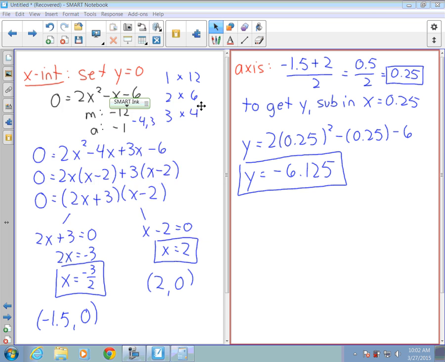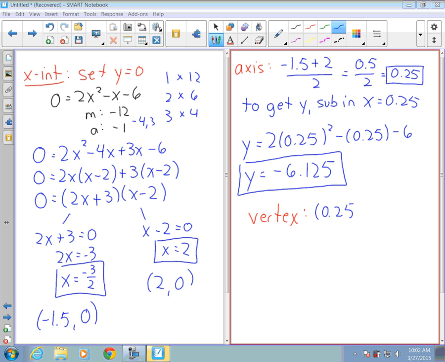I didn't write that. So my vertex now is going to be 0.25, comma negative 6.125. So x is 0.25, and that's what we found. The y value is going to be negative 6.125.